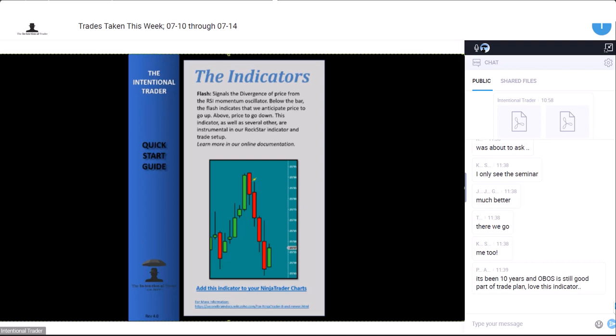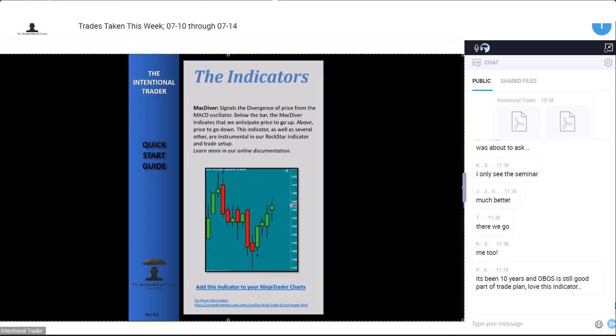And what happens is that price wants to catch up with momentum. Momentum will lead price. So if we see price going up, but momentum has already headed the other way, then we know chances are price is going to try to catch momentum.